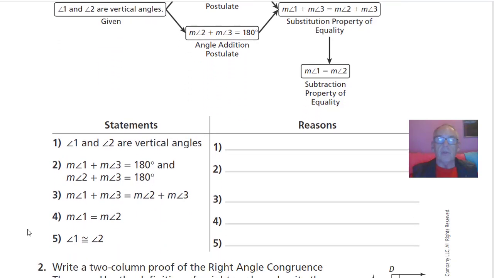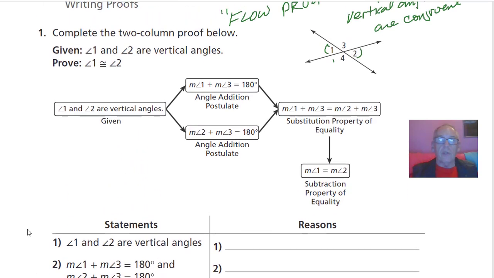We need to supply the missing reasons. So 1 and 2 are vertical angles. That's going to be given. Now measure of 1 plus 3 equals 180, and 2 plus 3 makes 180. So 1 and 3 makes 180, and 2 and 3 also makes 180 going this way. And that's definition of supplementary.